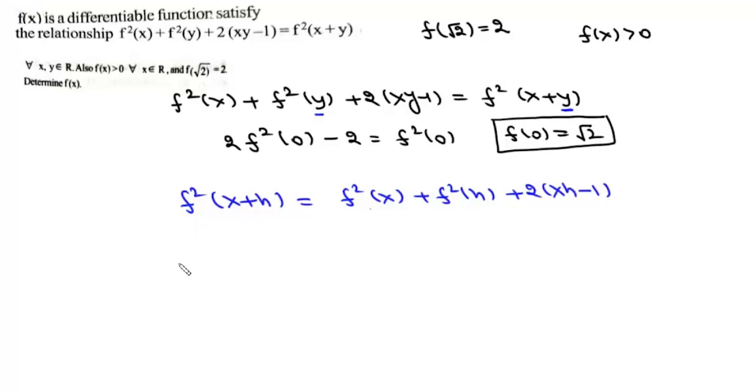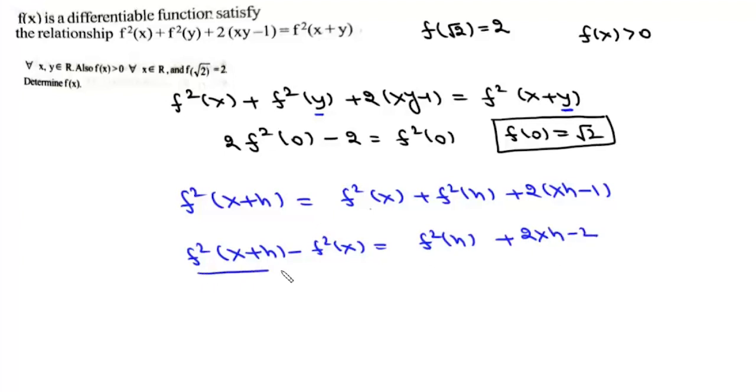Now we'll take f²(x) on the left hand side. We can write f²(x+h) minus f²(x) will be equal to f²(h) plus 2xh minus 2. Now we'll divide everything by h. Now take the limit h tends to 0 on both sides.